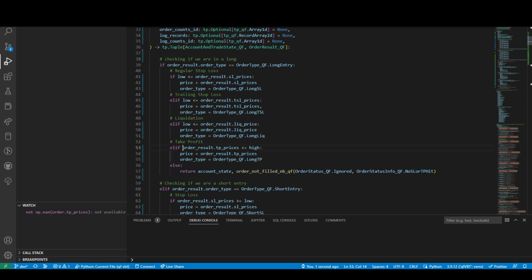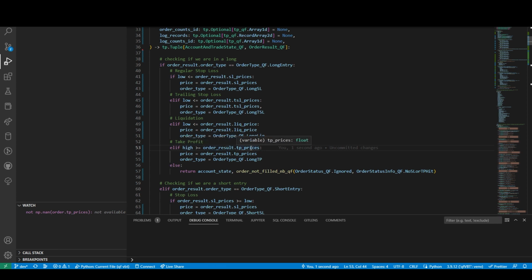And then now I have to say, if the high is greater than or equal to the take profit, then do this.